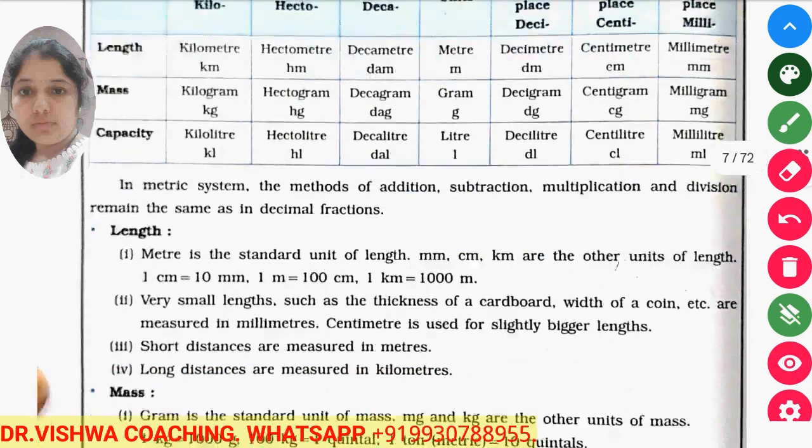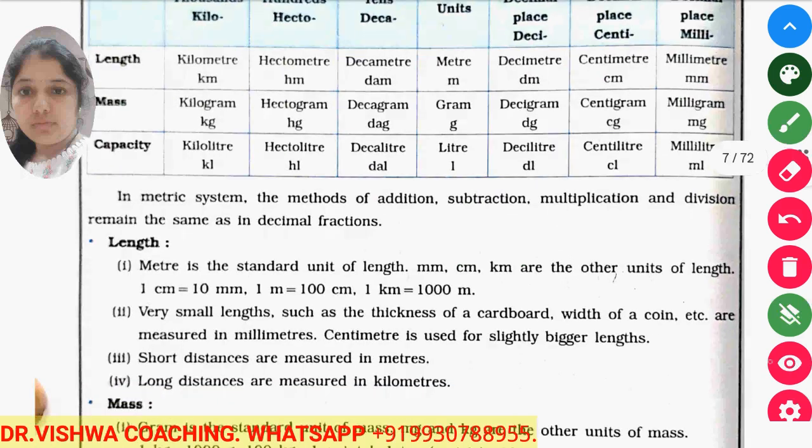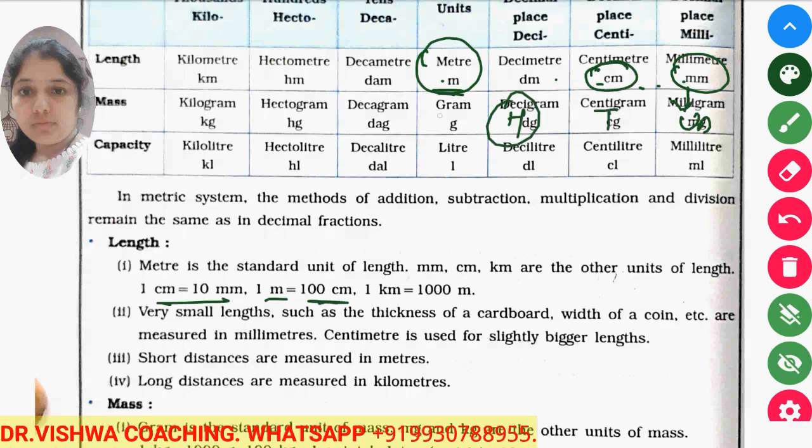Okay, and you all know the conversion that 1 centimeter is equal to 10 millimeter, 1 meter is equal to 100 centimeter. Now see, this is the meter unit. 1 meter is equal to how many centimeters? So this is centimeters and this is millimeters, 10 is equal to 100 centimeter. Like this is units, this is tens, this is 100, this is 1,000, you can convert it like this.